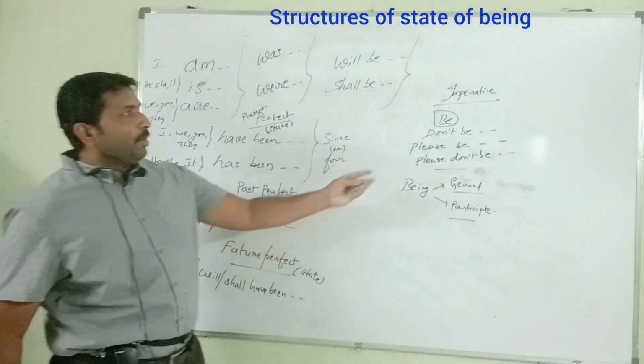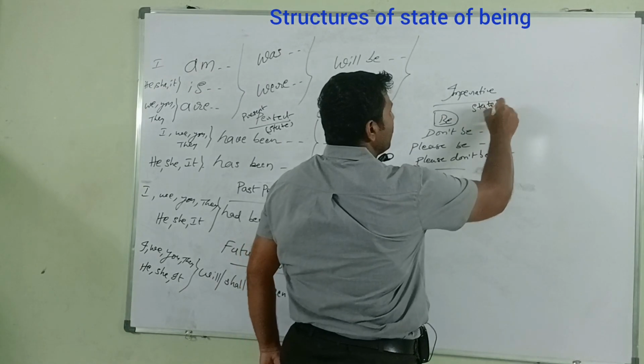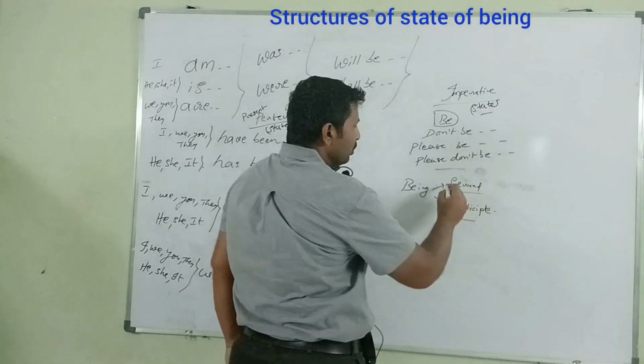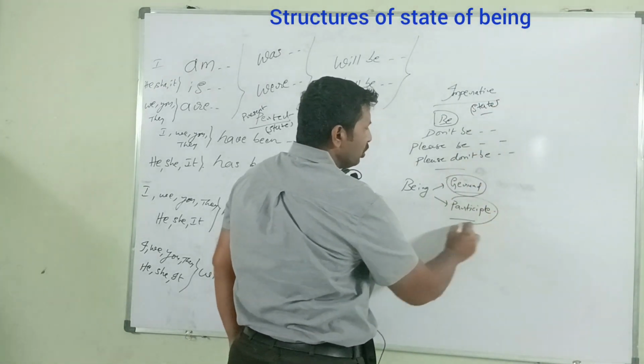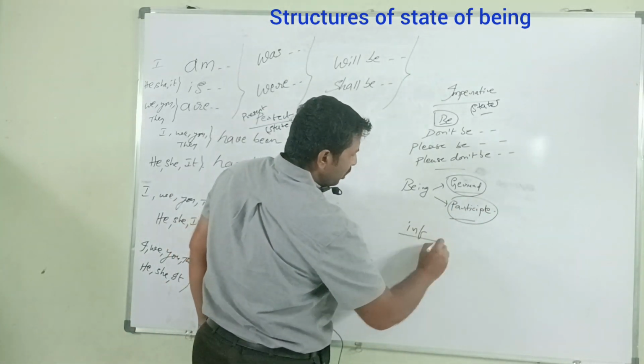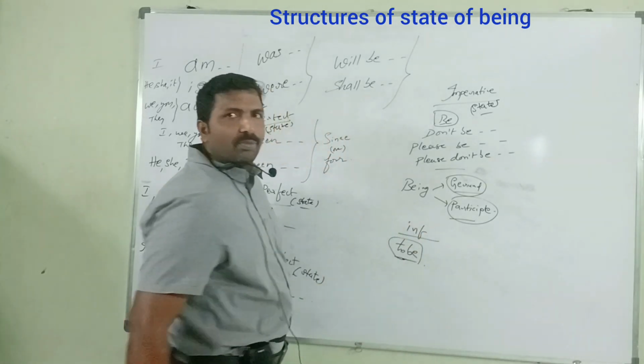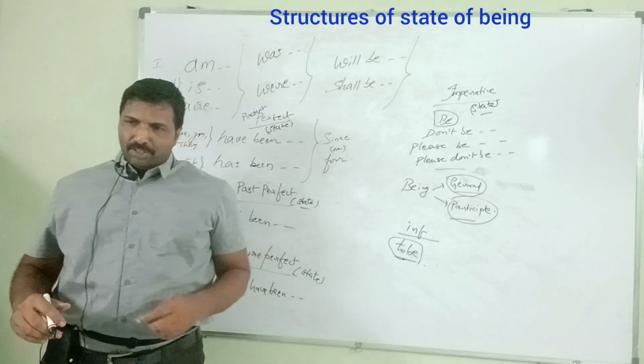Now imperative sentences state of being we will discuss. And in the gerund state of being, there are participles, even in infinitives, to be state of being infinitive. We will discuss all these things.